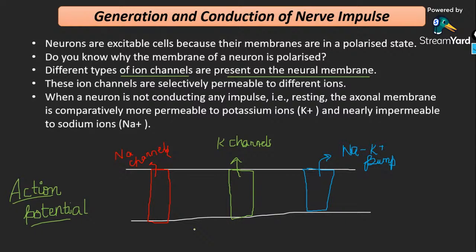It is the difference in the charge across the neural membrane. For example, on the outside of the neural membrane it will be positive charge, and inside of the neural membrane it will be negative charge. So the difference in the charge will lead to the formation of an action potential, which is actually the basis of generation and conduction of a nerve impulse.